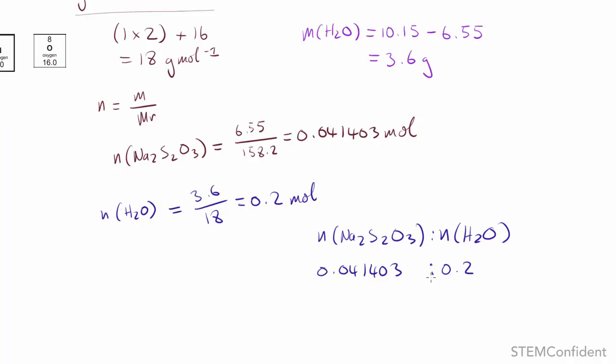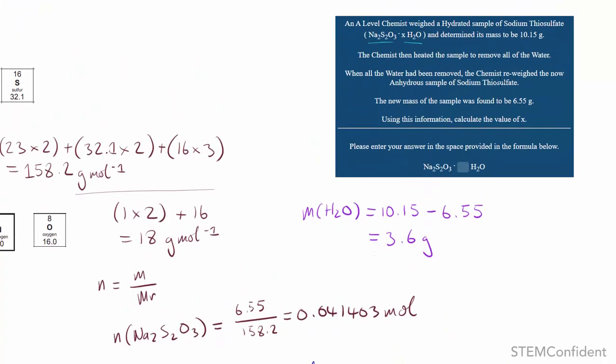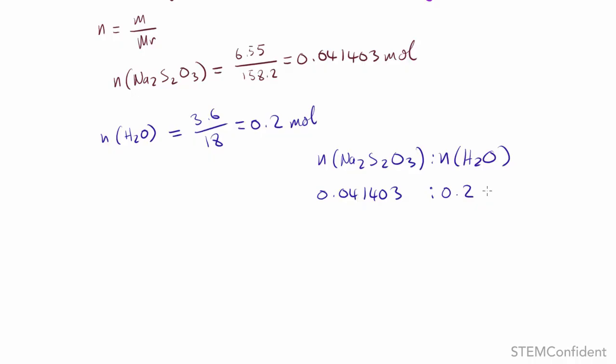What we effectively need to do is get this side to be 1, okay? Because we know that the coefficient in the original formula here is 1. So for every 1 of the Na₂S₂O₃, how many moles of H2O? So really we're trying to figure out the ratio. How can we get this side to be 1?